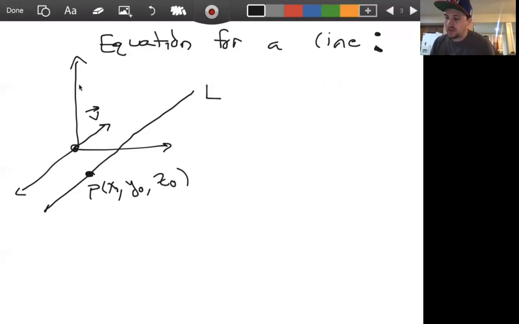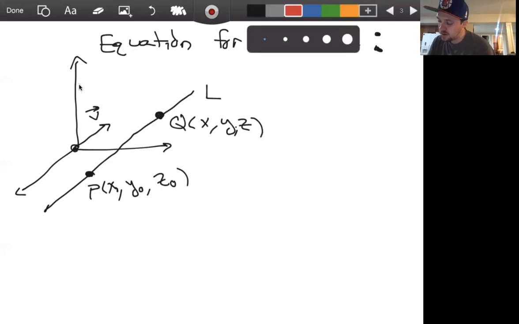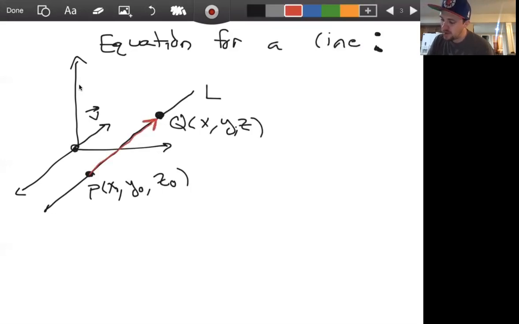So what we can think of is we take some point that can vary, Q, x, y, z. Maybe this point Q can vary along the line because x, y, and z are variables. So we vary Q along x, y, and z here, and we look at the vectors that we get. This is the vector PQ.